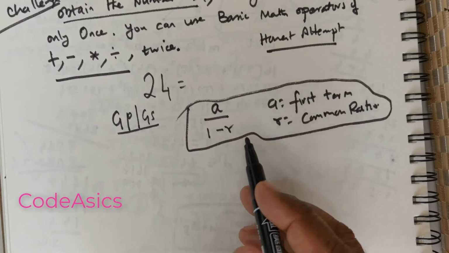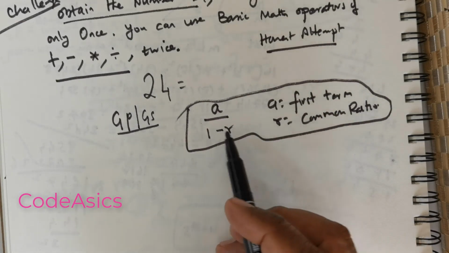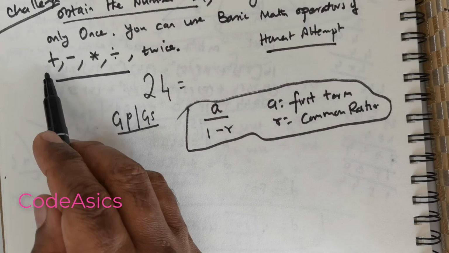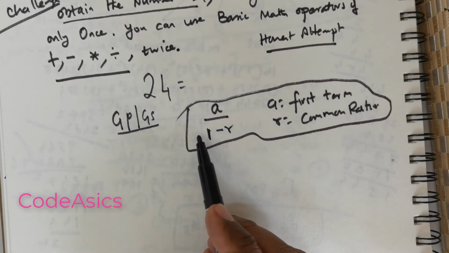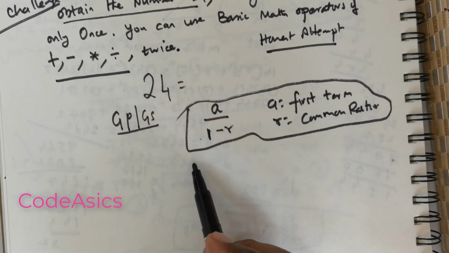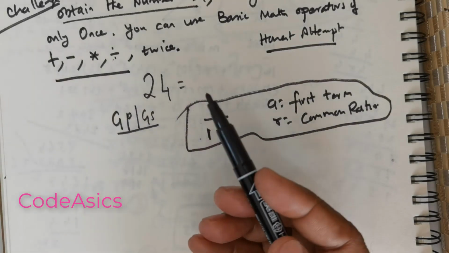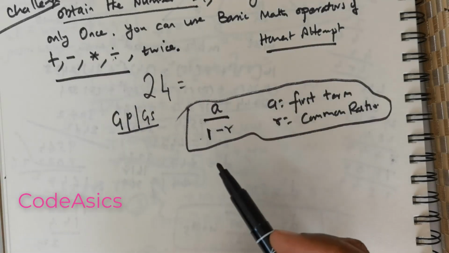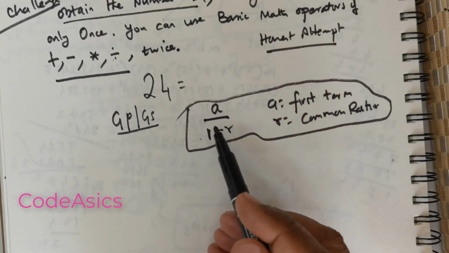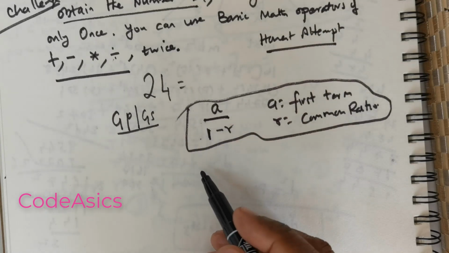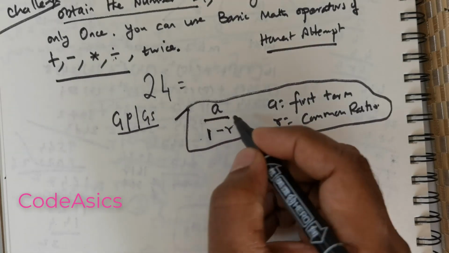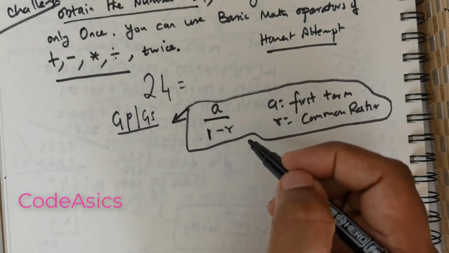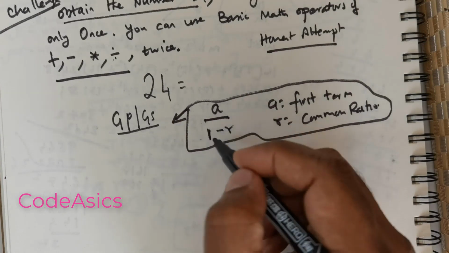Someone might say that the addition operator is not referred to. Well, the 1 has an addition operator before it, and a has one as well. Division is not represented? Well, this is the division operator. And the multiplication operator, you are going to see how it is represented. So indirectly they are asking you to get a sum, and this is the formula that we need to use.